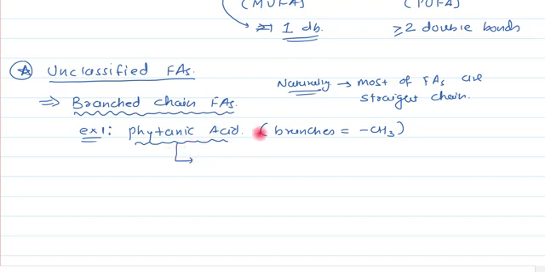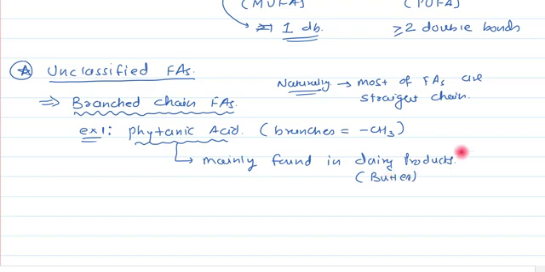Because phytanic acid is mainly found in dairy products, and especially in butter. So whenever we consume a diet, we are taking phytanic acid in our diet, right?